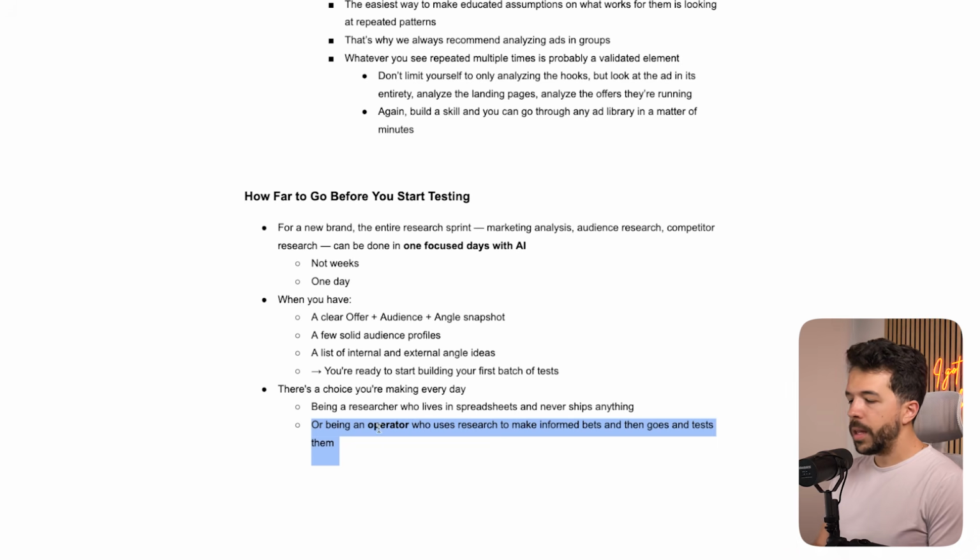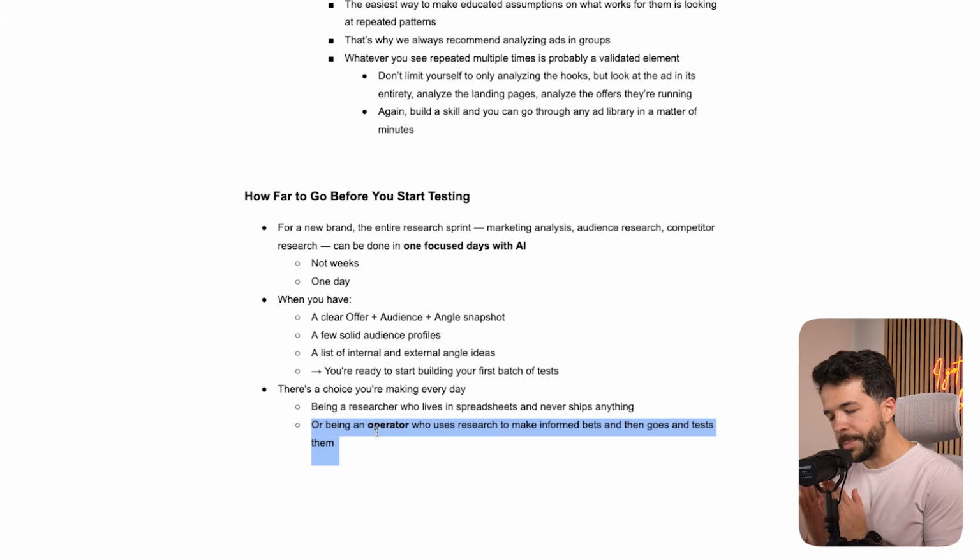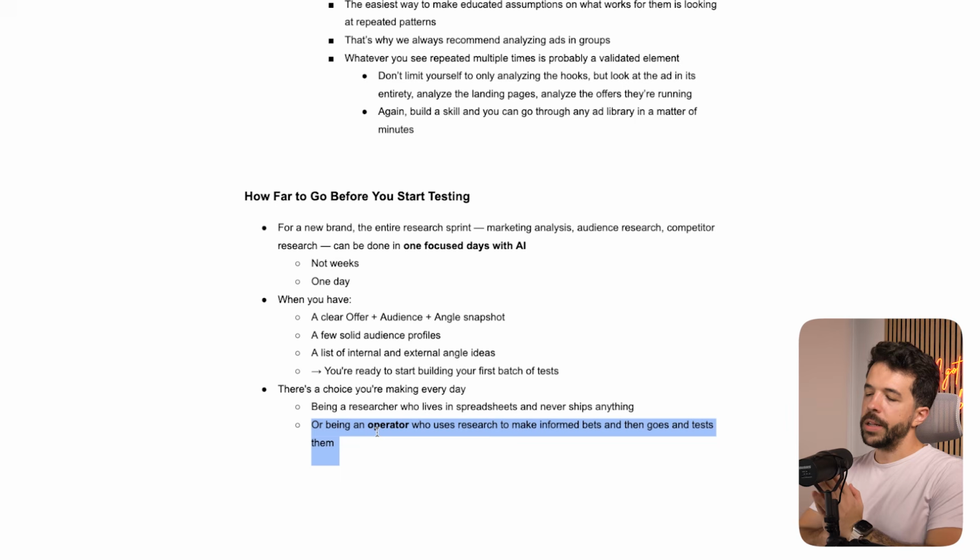One thing that I would love to mention here is that being a good creative strategist doesn't mean coming up with the best ideas right away. Doesn't mean going all in on your first batch. And this is what I believe most brand owners, company owners do wrong when it comes to hiring a creative strategist.